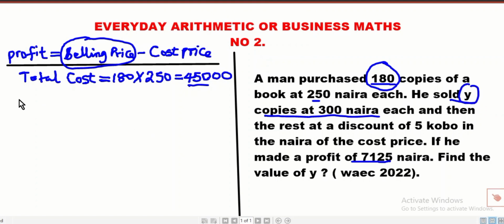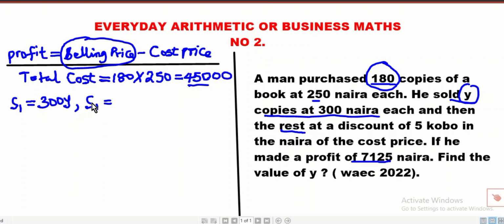So what I'm going to do is just say S1, the first selling price, which is going to be 300 naira times Y, because I don't know the number. And there is another selling price, because after he collected Y from 180, there are some remaining. Now see what they said: and the rest.